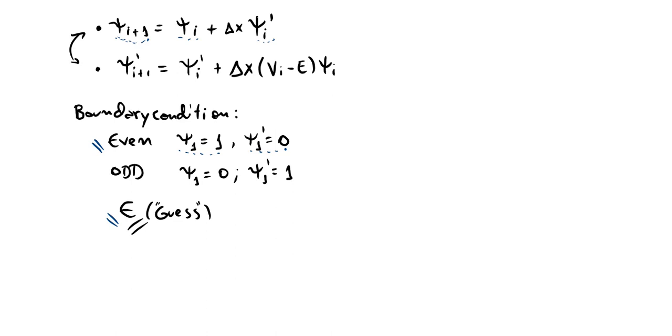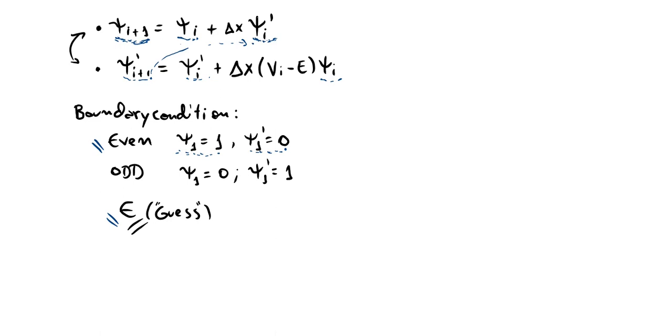Now if you want to find psi of 3, you need psi of 2 that you just calculated, but now you need the derivative of psi at i equals 2. How do you find that? You take psi 1 and the derivative at psi 1, which are the initial conditions, and you substitute here, you get the derivative at psi 2. With the derivative at psi 2, you substitute here, you get the function at psi 3, right?